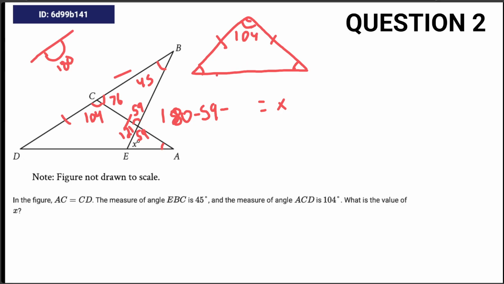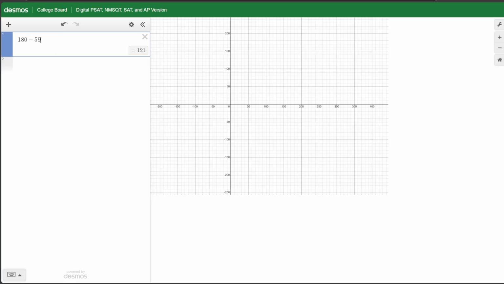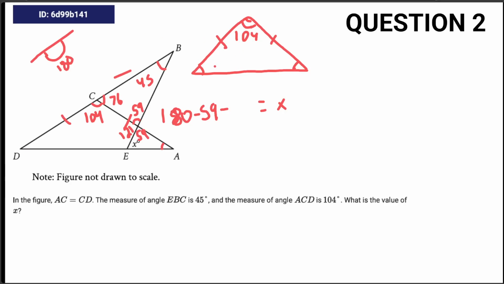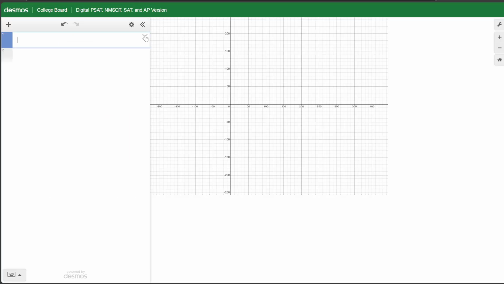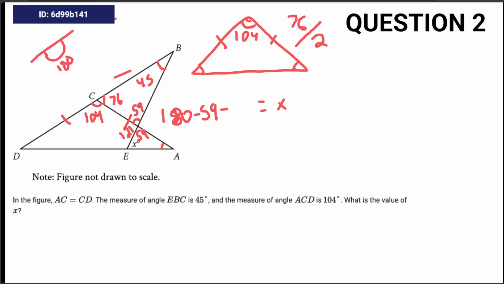So what we can tell is that if this and this are the same, whatever is left over after 104, so if we do 180 minus 104 again, 76, it means these two together are 76. And since they're the same, we can just do 76 over 2, which would be 38. So we know that both of these are 38.